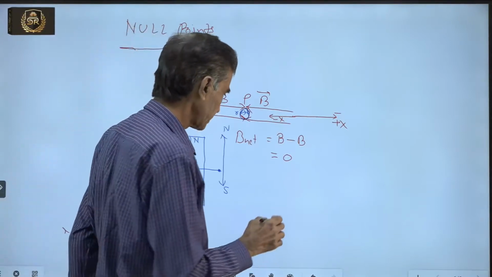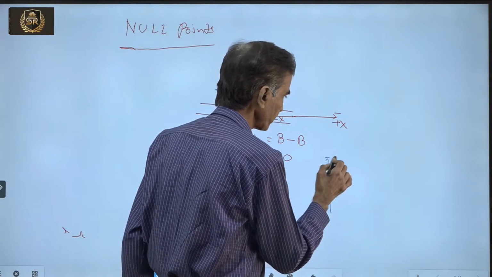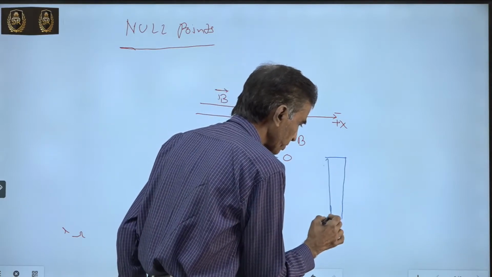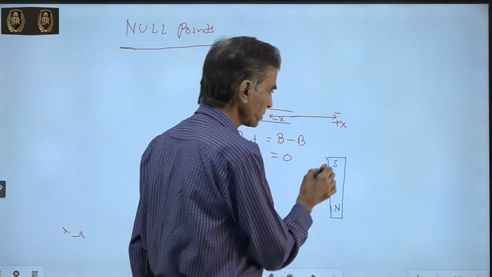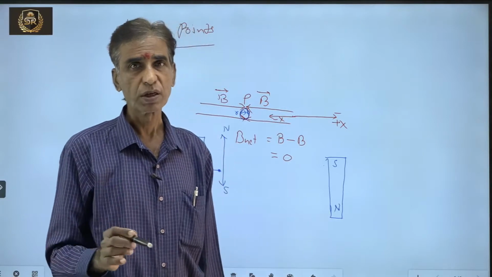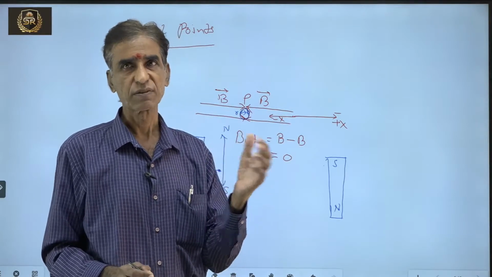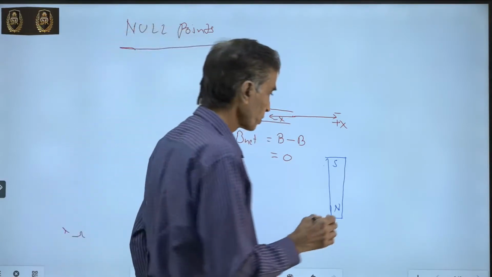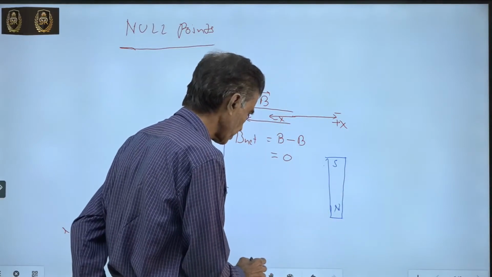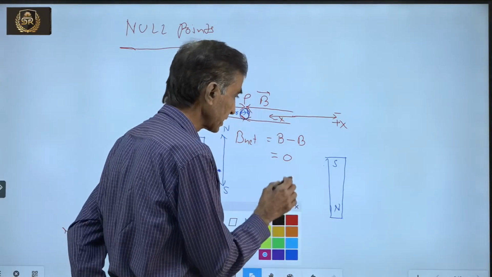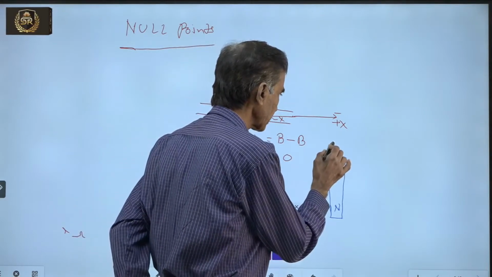Now the second case, when the south pole of the magnet is pointing north. So this is our bar magnet, this is the south pole and this is the north pole. Now you see the figure, the south pole is pointing toward the geographic north, meaning the north direction of the earth. Okay. So in that case again we have two null points, but that will be along the axial line now, like this.